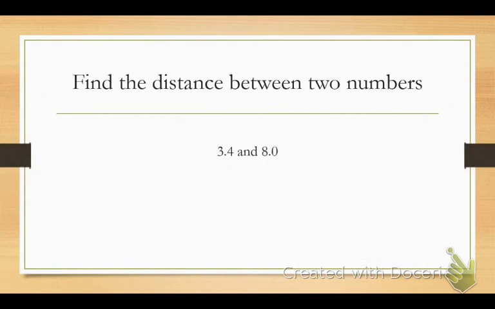Find the distance between the 2 numbers. I've got this one, and then I'm going to make up another one that's a little bit different. In class, we talked about a specific method where we subtract them, a certain number first and then second, and this gives us the correct distance, or you can use a number line.